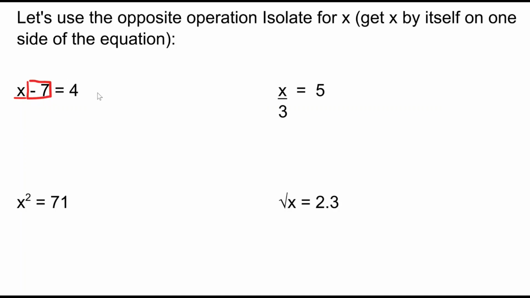Right now, we're subtracting 7. What's the opposite of subtracting 7? Adding 7. That's right. So if I had x minus 7 equals 4, if I wanted to get rid of the minus 7 on the left-hand side, I just need to add 7 to both sides.